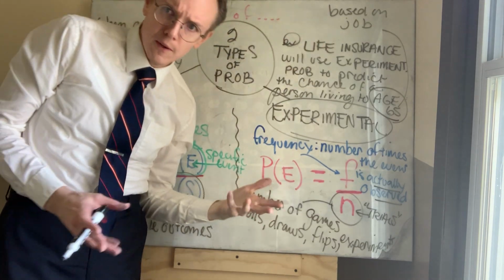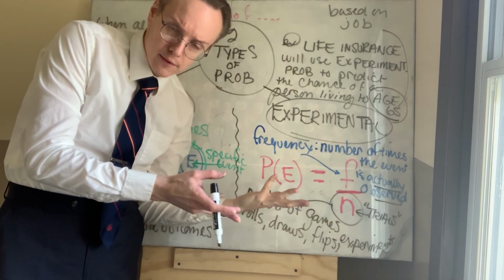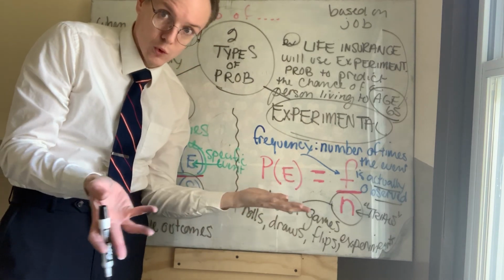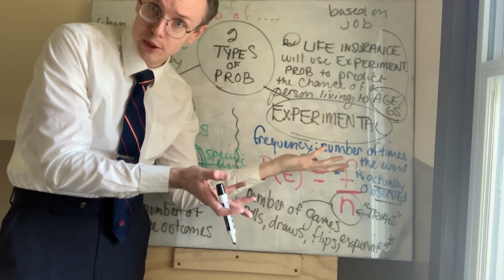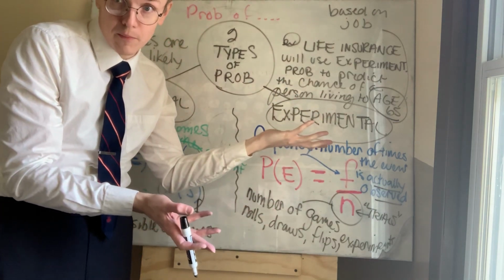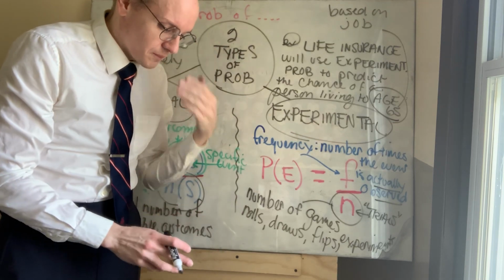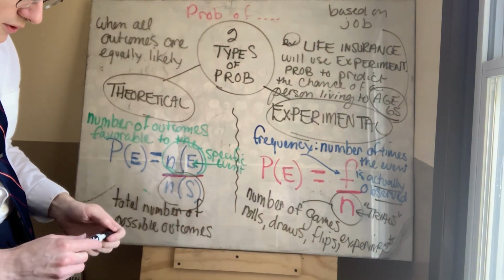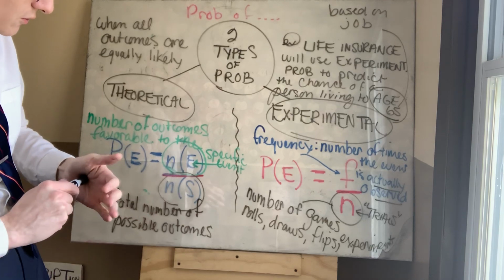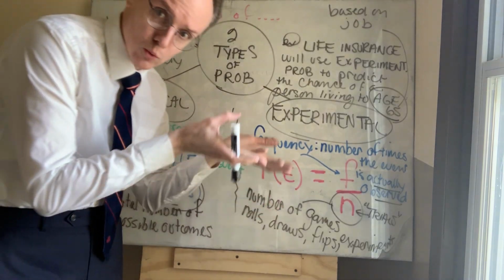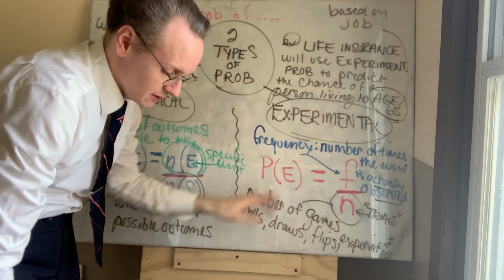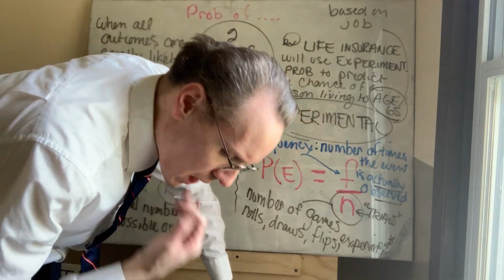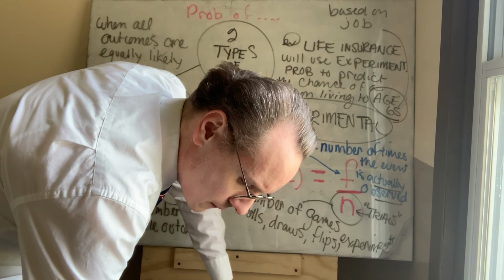So they will take data and look for the mortality rate of people according to their vocation. It's an experiment. They can't really do it theoretically otherwise, so they have to look at actual results, which would be better classified as being experimental. Okay.